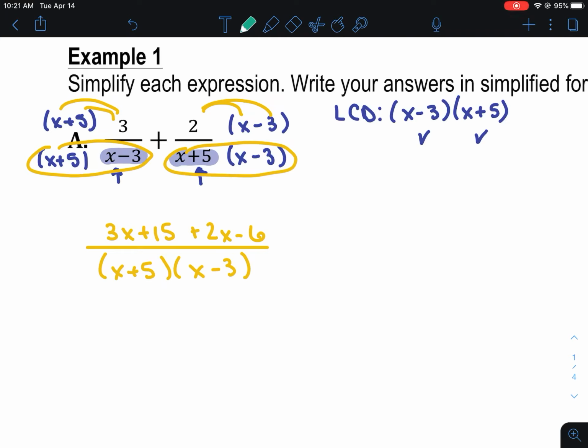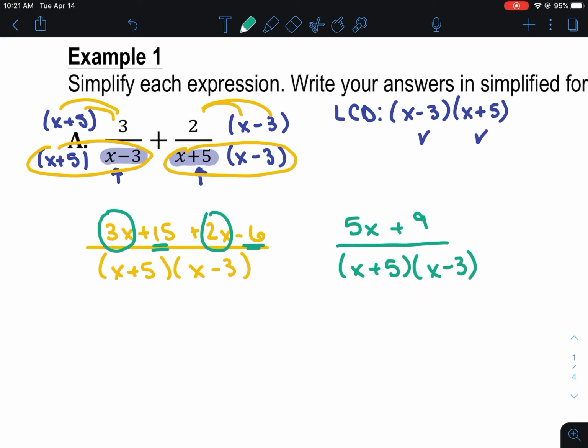All right, then I'm going to combine like terms. 3x, 2x gives me 5x. 15 minus 6 gives me 9. And then finally, I would see, can I factor anything? No, I can't. So that's as simple as it's going to be. Oops, it doesn't want me to make a box here. There we go.